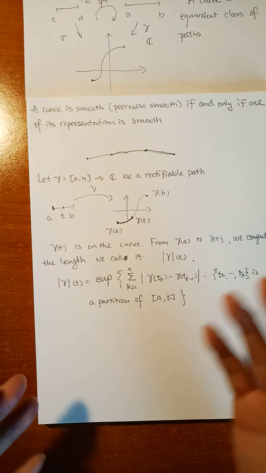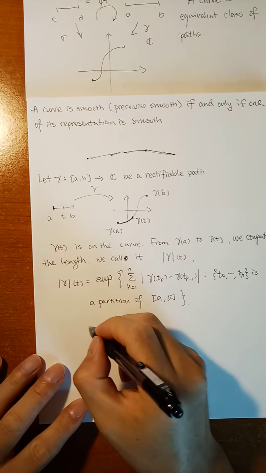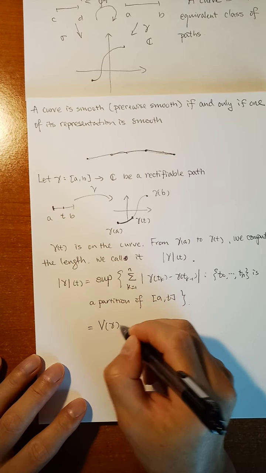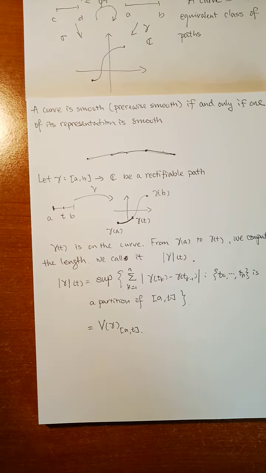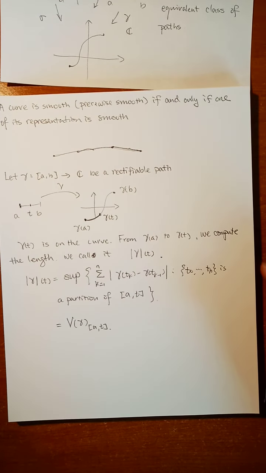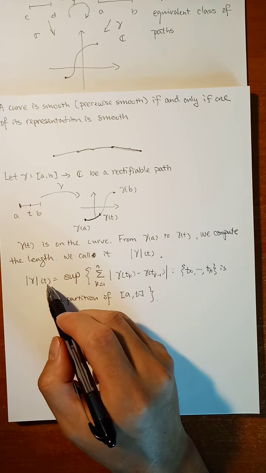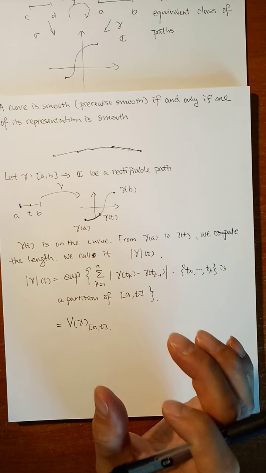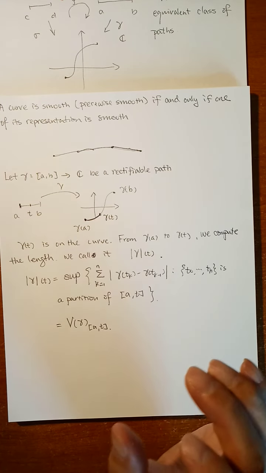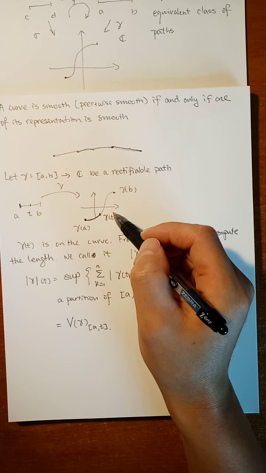It is actually the total variation along the subinterval, the total variation of gamma over the interval [a, t]. So this absolute value of gamma is the measurement of the partial arc length counting from gamma A.